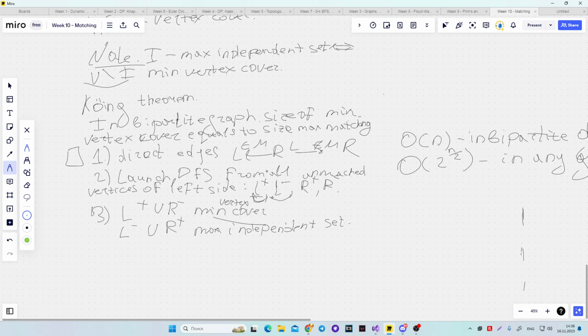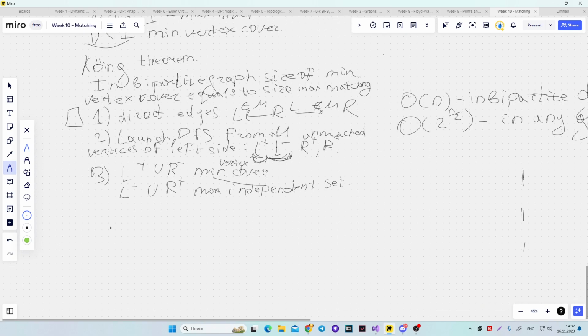For example, this means that in this set we get only matched vertices. Then we get that L plus union R minus means minimum vertex cover.